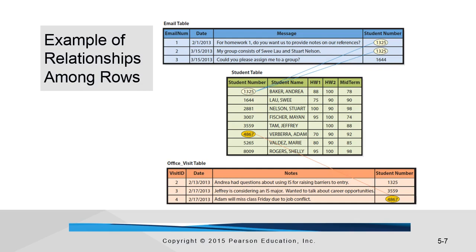And so when you have relationships like this among the rows, typically a database is easier to store that data. Now again, Excel is a very powerful spreadsheet, and there's a lot of things that you can do with Excel. So I'm not saying that this can't be done with Excel, but many times it's easier with a database.